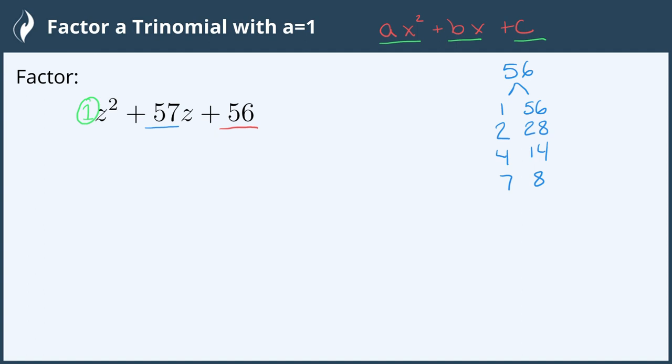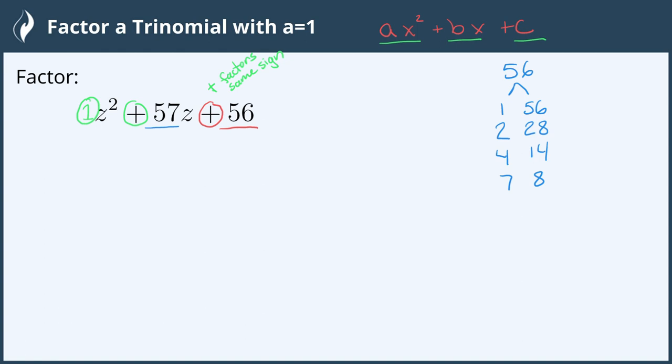So now we look at the sign of the last term, and it's an addition sign. So that means that the two signs of the factors must match. If this is a positive number, then our factors will have the same sign. If it is a negative number, our factors will be different signs.